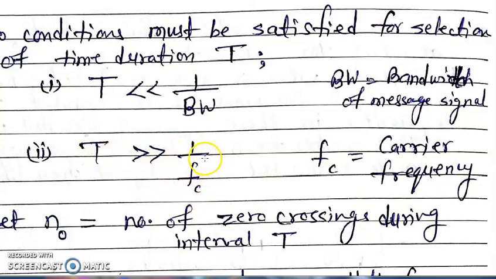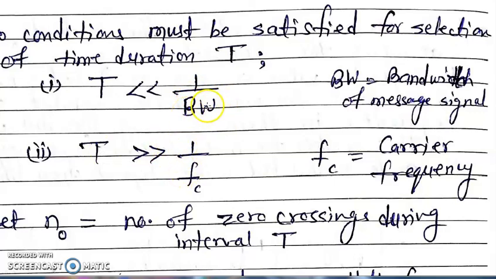1 by fc means the time period of the carrier signal, which is very much smaller. So what we have to do is select a time duration for counting of zero crossing points such that we can cover one complete cycle of the message signal.